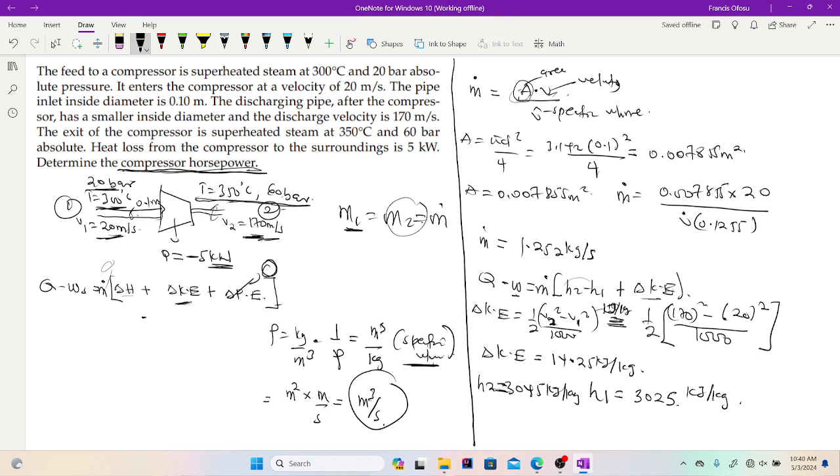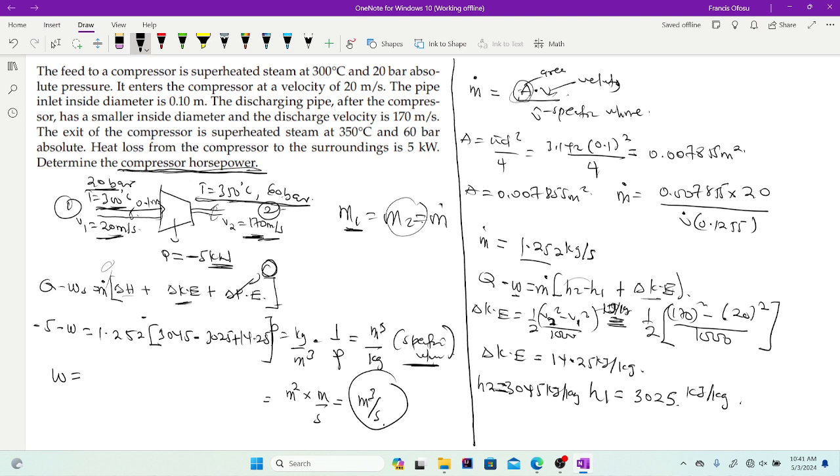So our Q was -5, minus our W, is equal to our mass flow rate, 1.252, times the change in enthalpy, 3045 minus 3025, plus our change in kinetic energy, which was 14.25.